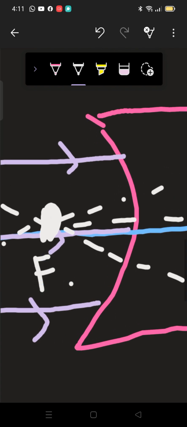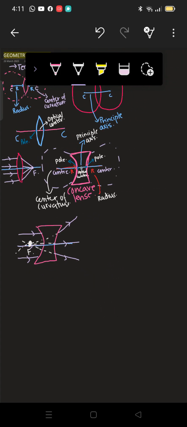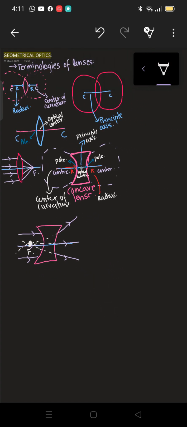So this is the focal point of this concave lens. This was all for today, as we discussed the terminologies of lenses. In the next video we'll be discussing image formation by lenses, as we have three rules for image formation by lenses. We'll be discussing that in the next video.